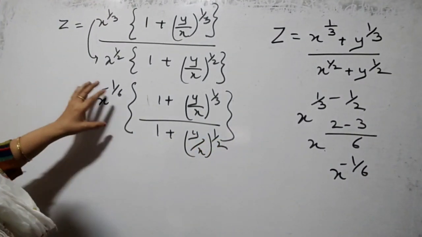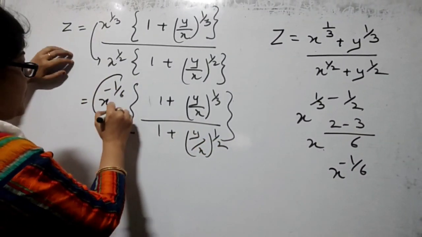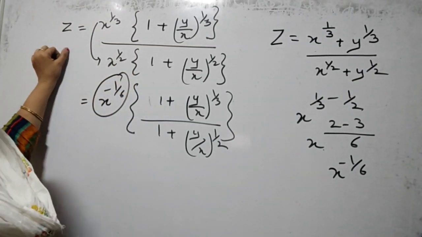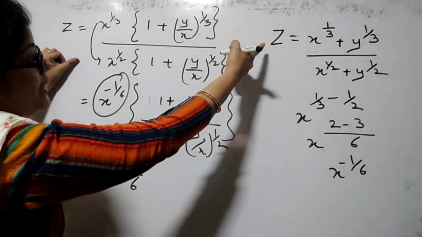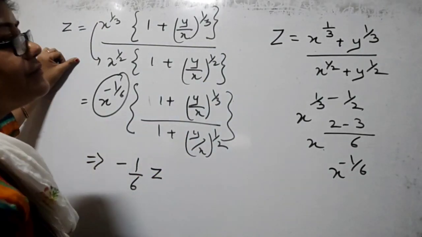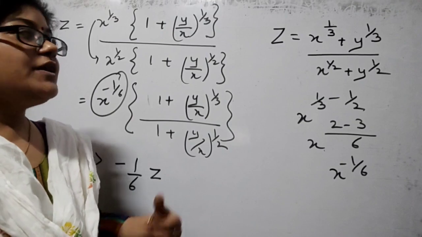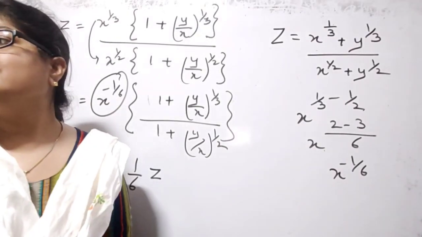Now the order, that is the degree of the given function, is minus 1 by 6. So you can directly write minus 1 by 6 times z. In this way you can verify Euler's theorem.